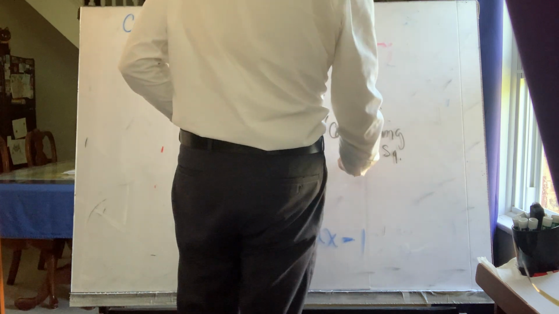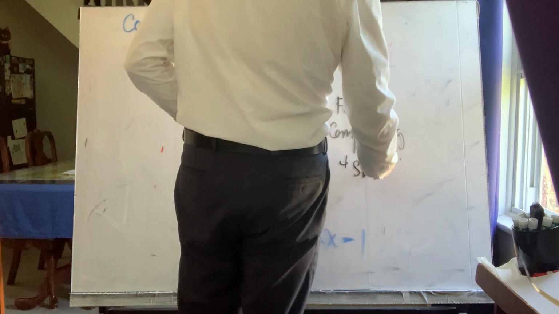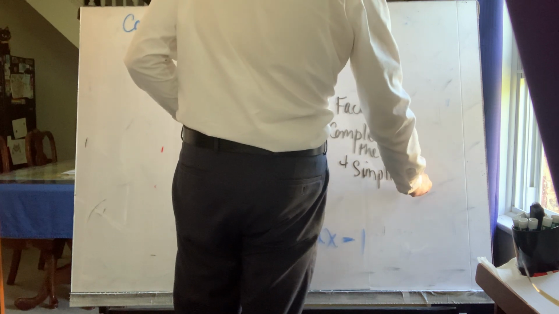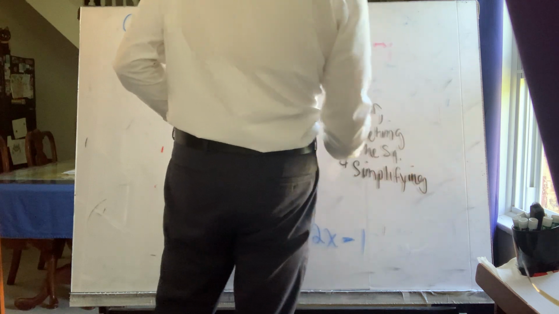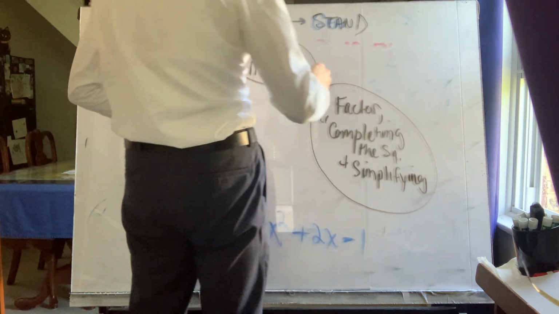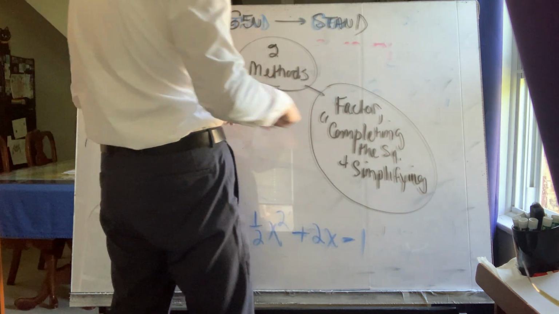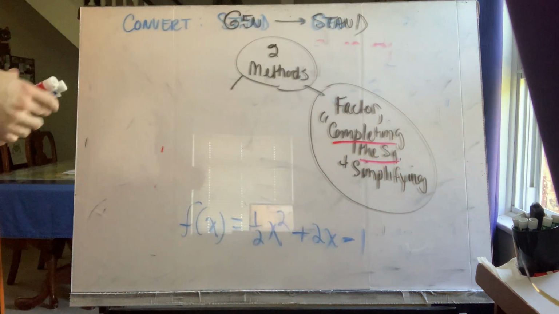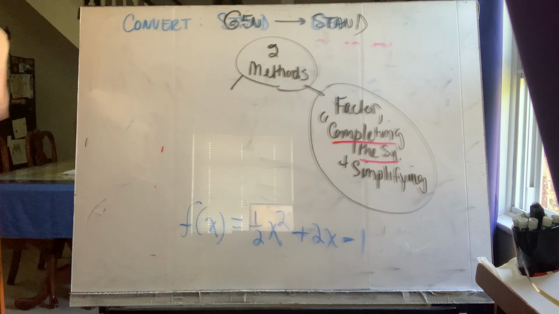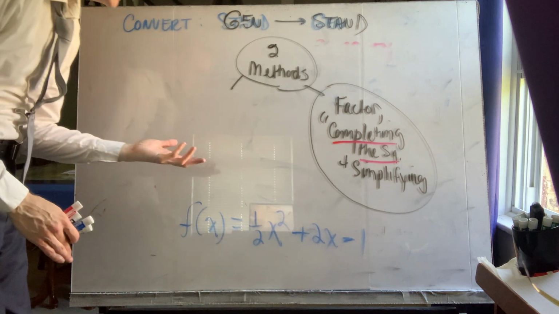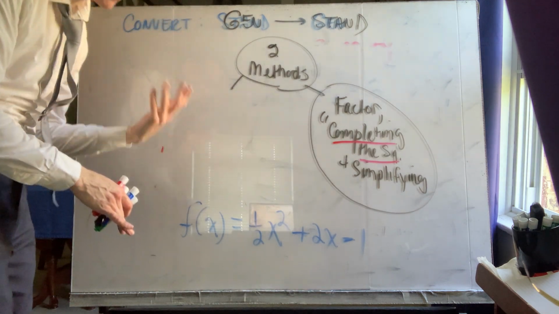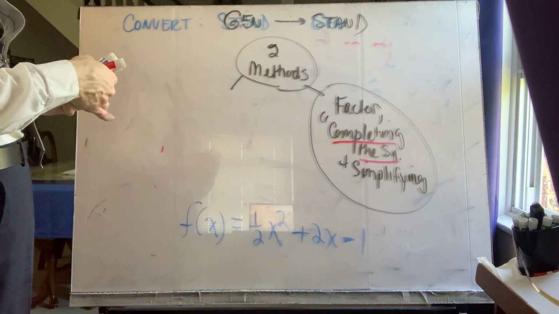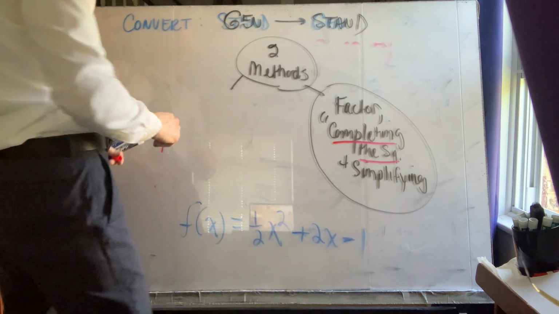And then simplifying. And this is really the essence of it. Completing the square. Everything else is just gravy. The probably more efficient way, and what I would encourage you to do, is to employ formulas.